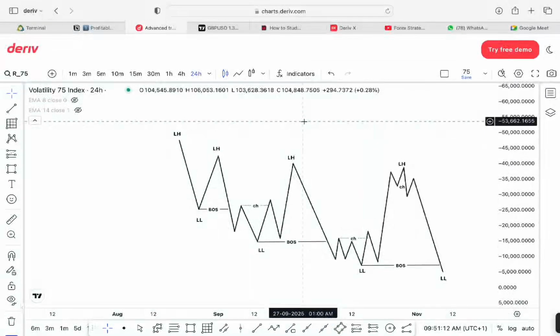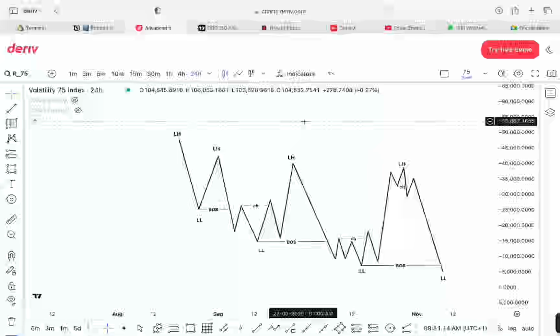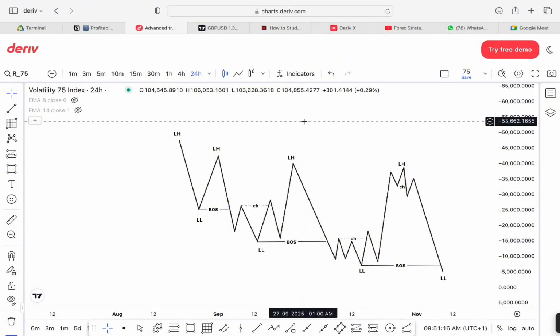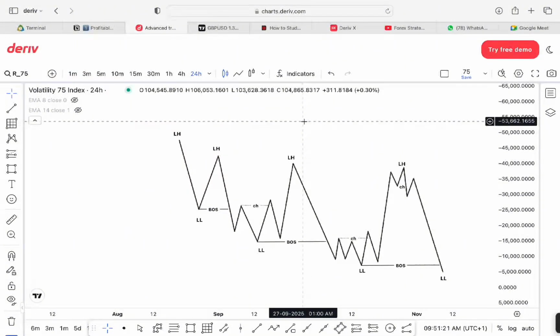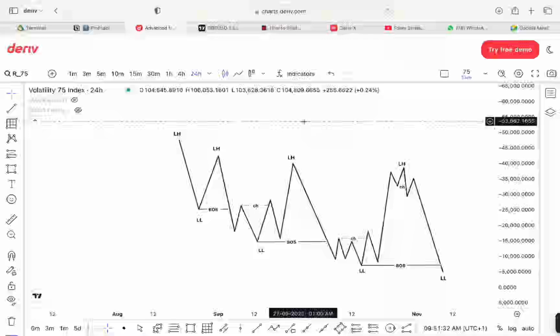Now people call it market structure shift. People even still call it break of structure. But notwithstanding, they're all correct. But I feel the simple term that if somebody wakes you up from sleep, you can just answer, is change of character. Price has changed character.